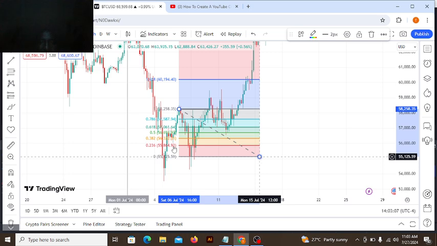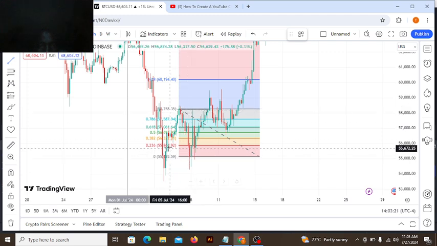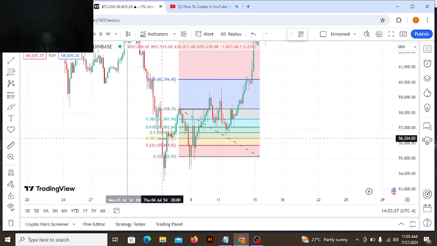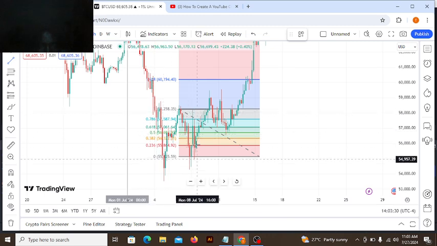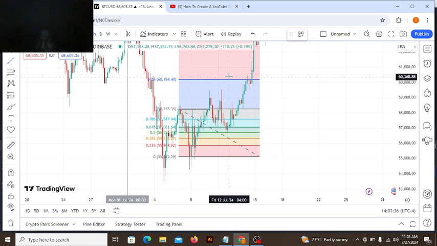Yes, that is it. As soon as we put our horizontal there, we put our Fibonacci retracement there. Look at it. We put our Fibonacci from the high to the low. So we are going to draw our trend line on the 0.5% of this move, because the market has already given us a signal that it is going to go up.